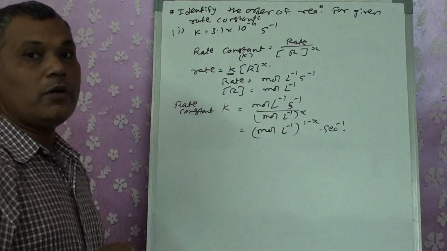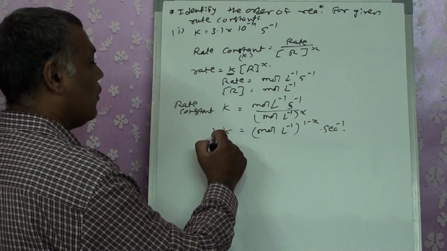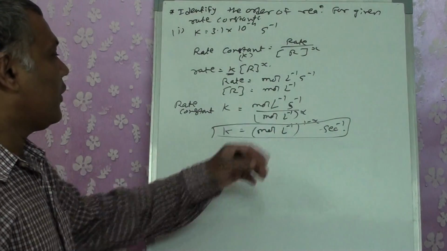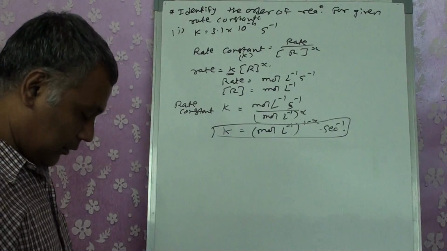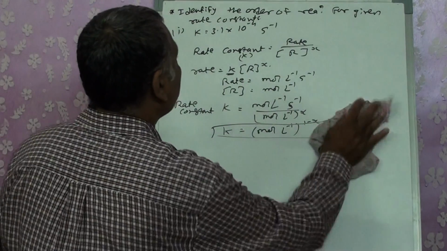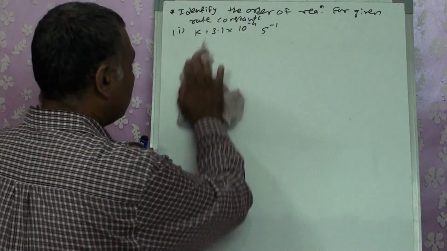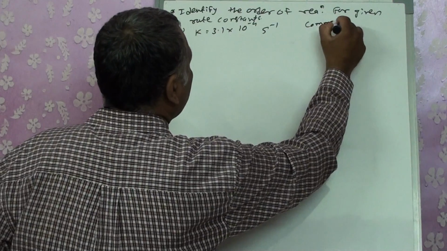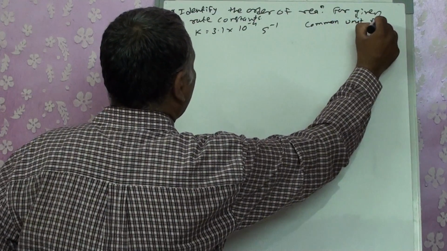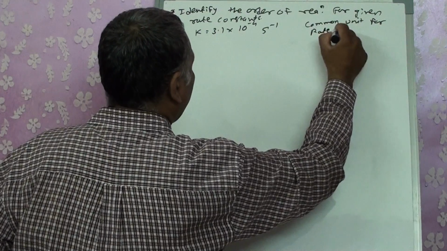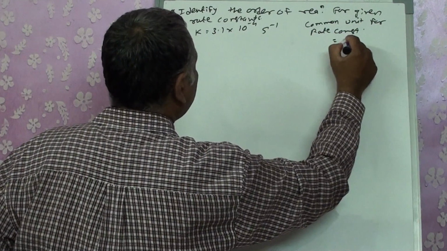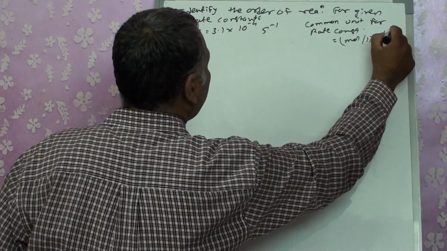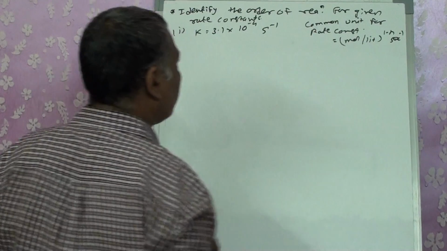That is common for all of them. So substituting it, we will get the order of reaction. The common unit for the rate constant is mole per liter raised to 1 minus n, second inverse.